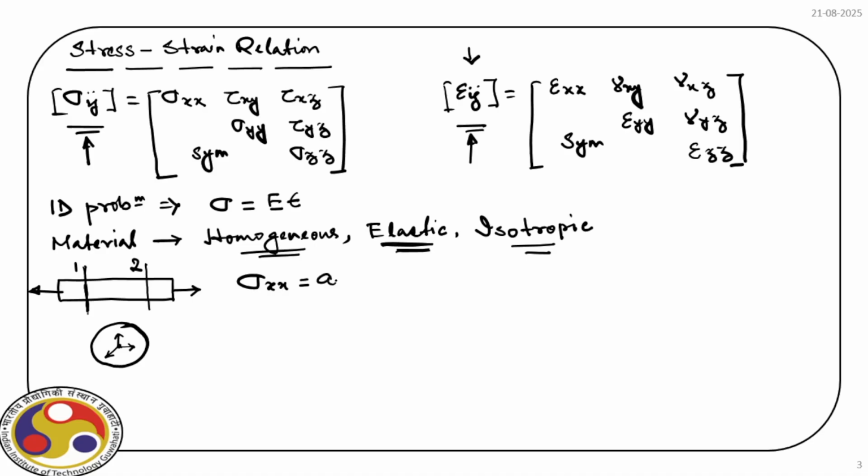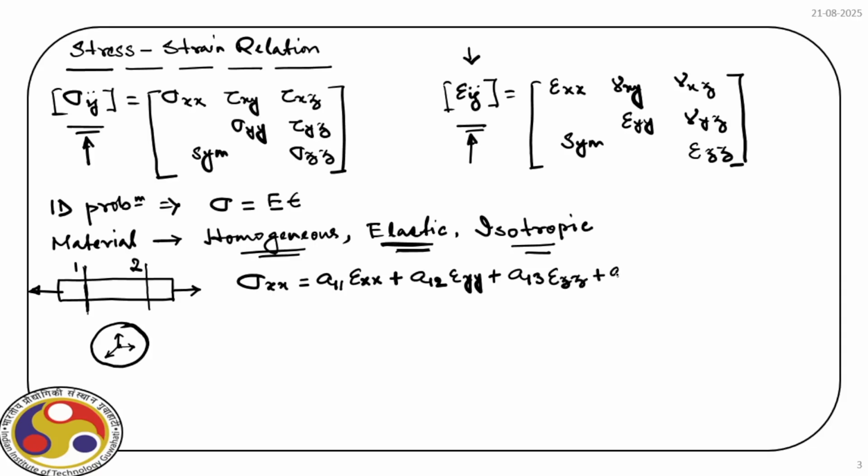So it is, say, the first constant times epsilon xx plus second constant times second strain component plus third constant times third strain component, which is epsilon zz.